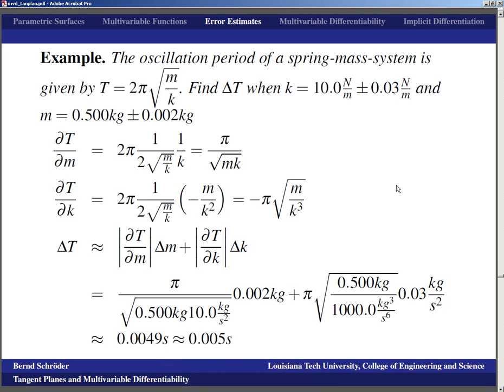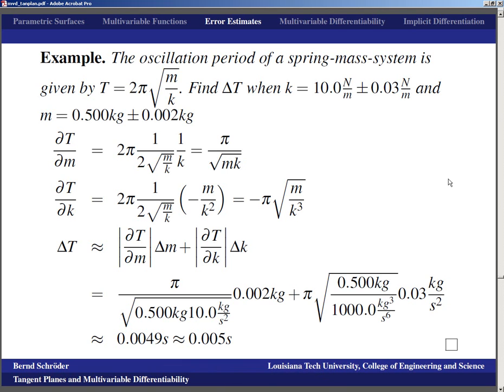And then, of course, with the convention that we have for error reporting, we only report the first place of the error, unless the first place of the error is a 1, in which case we report the first 2 places of the error.